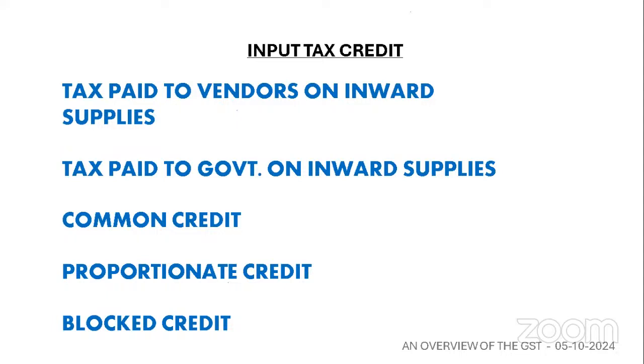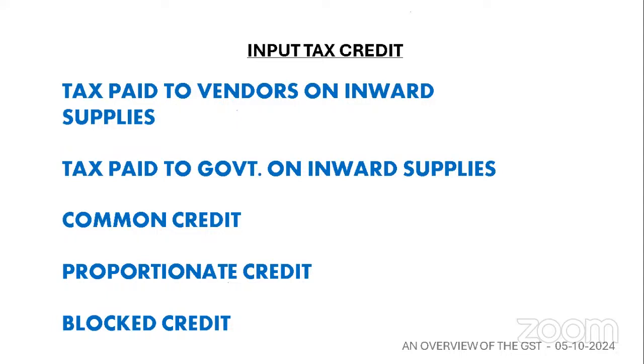Blocked credit means you have a number of inward supplies which are listed under the blocked credit under section 17. Section 17 provides a number of transactions where even if you have paid the taxes at the time of inward supply, purchase of goods and services, that credit, the amount of tax paid during that purchase, is not allowed to you to set off against the payment of the outward supply.